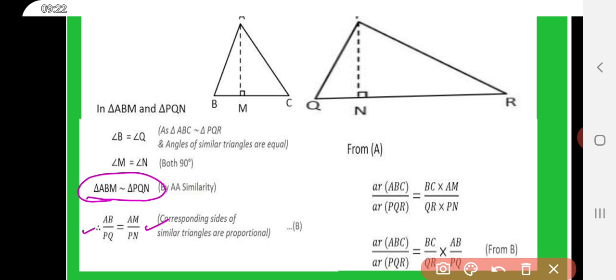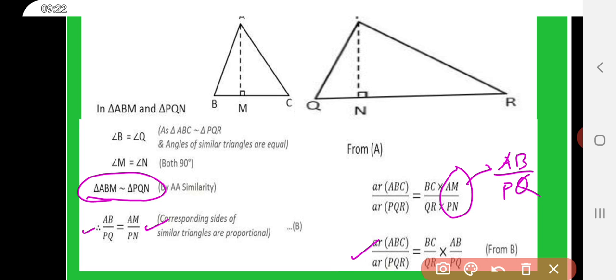Now in the place of AM by PN, you can write AB by PQ.